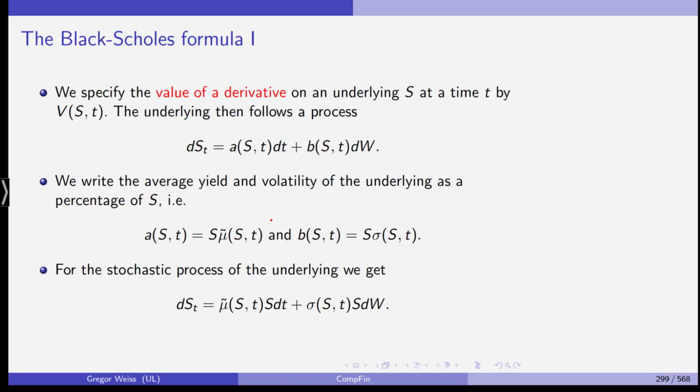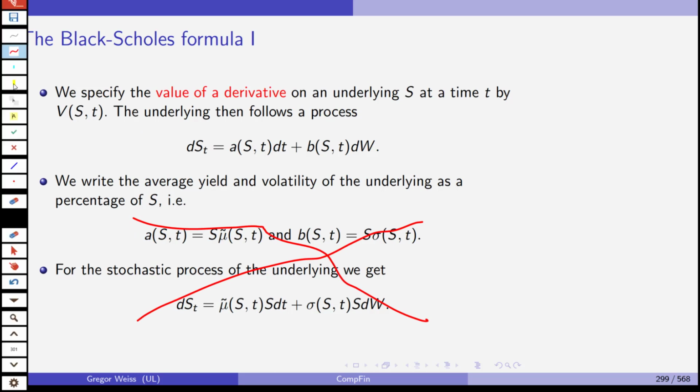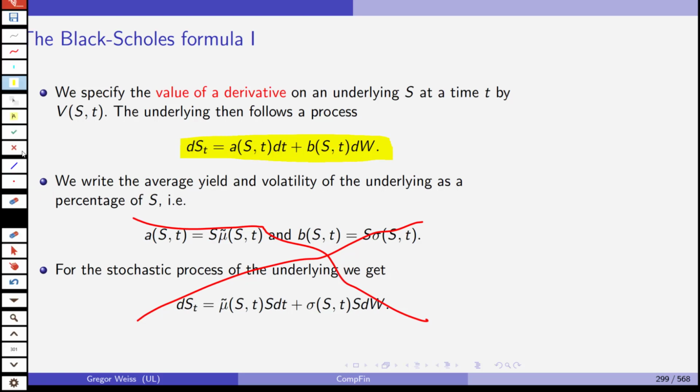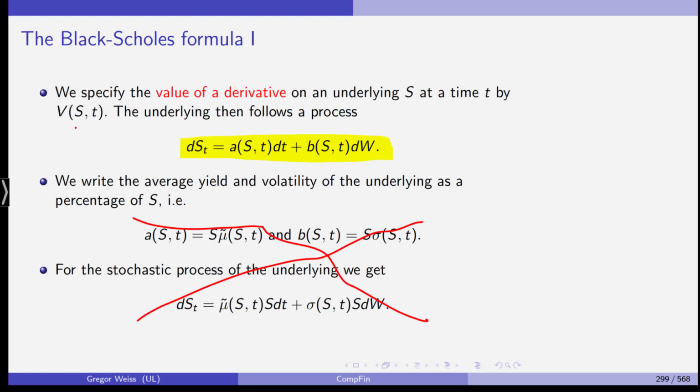Actually, we can leave this out. We can simply assume that we have a stochastic process dS_t, which is a diffusion process. Then we now know that if S is a diffusion process, then dV is also a diffusion process with slightly different drift and diffusion. And this is given via Ito's lemma on this slide.